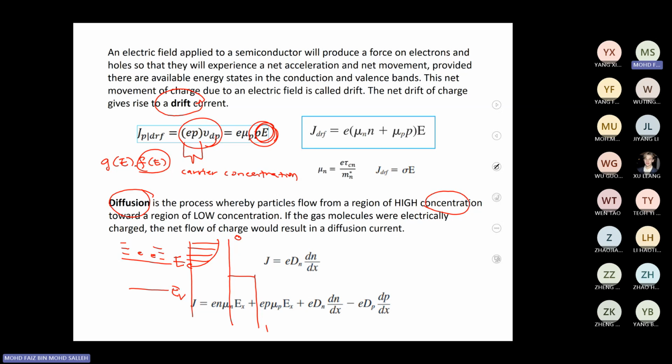And then you can calculate the carrier concentration. So when we know this number of electrons, and when we know the speed of that electron, the flow, then it becomes the current that flows inside.